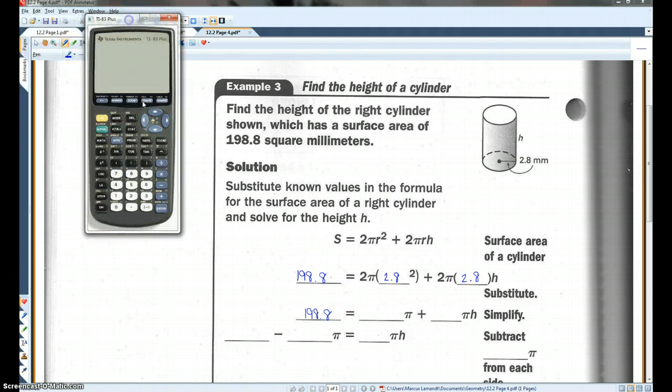Alright, let me use my calculator over here. 2.8 squared, that gives me 7.84. Multiply that by 2. 15.68.